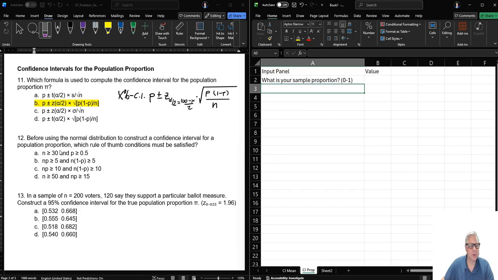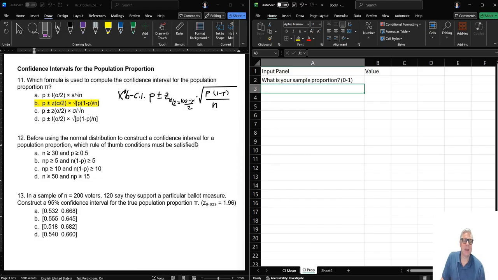So let's first, actually no, let's do question 12 quickly because that's important too, and maybe we can incorporate that into our model. It says, before using the normal distribution to construct a confidence interval for a population, which rule of thumb conditions must be satisfied?